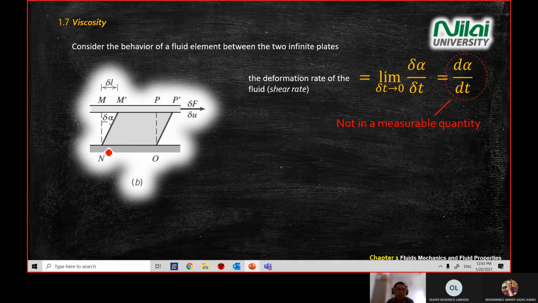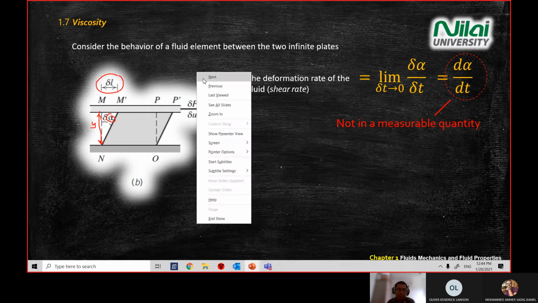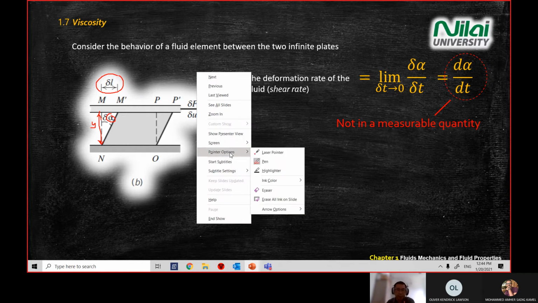This one we can measure. So when you want to convert the alpha in terms of L and also y, the only thing that links the angle to all these parameters, you need to recall the trigonometry equations, the sine, tan, cos relationship.